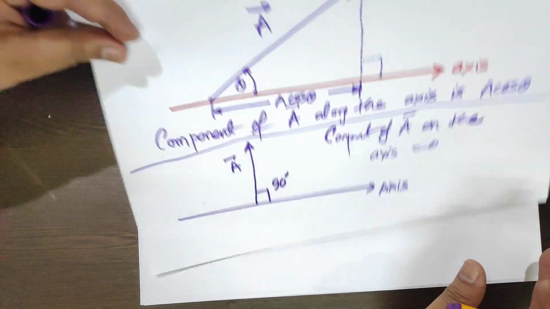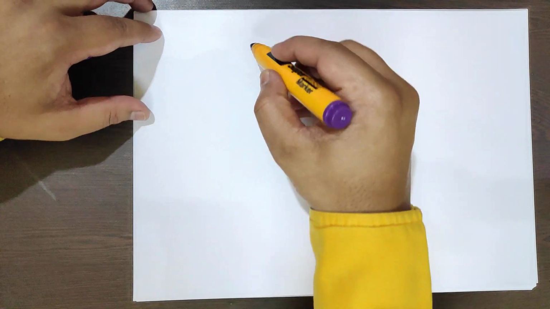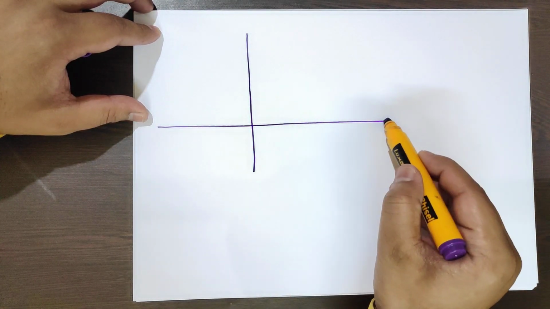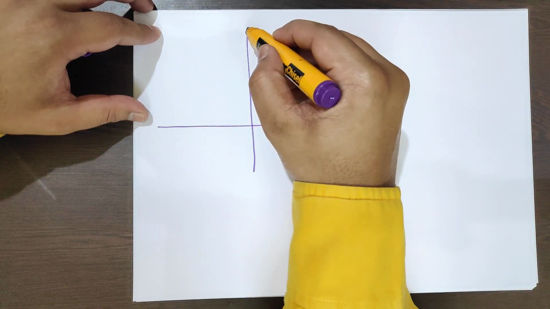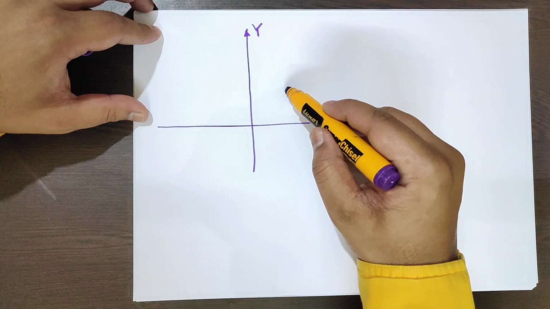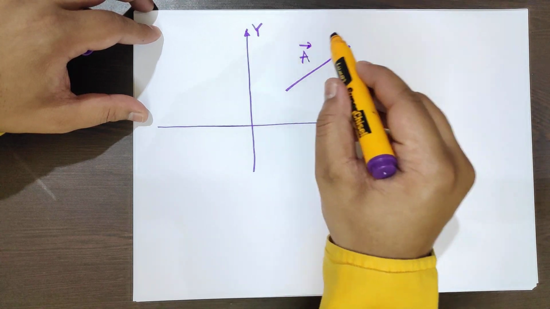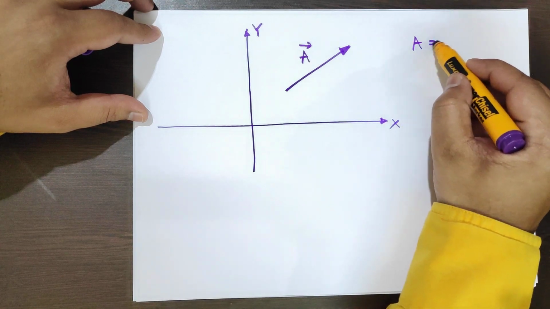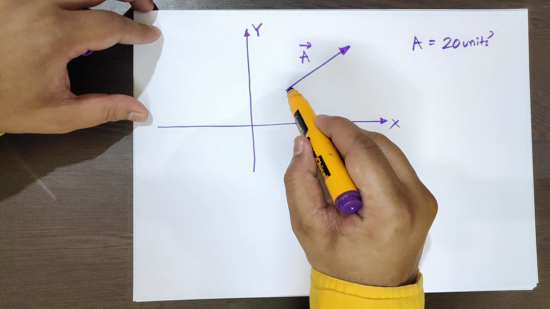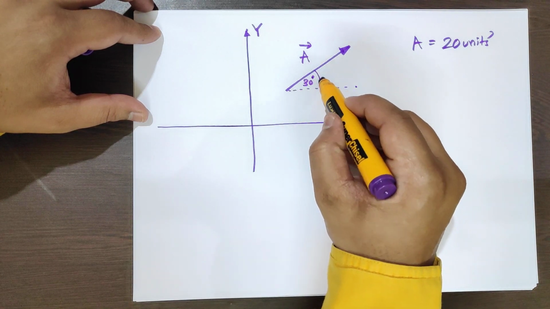Suppose you have a coordinate system. I am drawing vectors in a certain plane only. So this is the x axis and y axis, and a vector A can lie here. Now suppose A is equal to 20 units, and say this angle happens to be 30 degree.